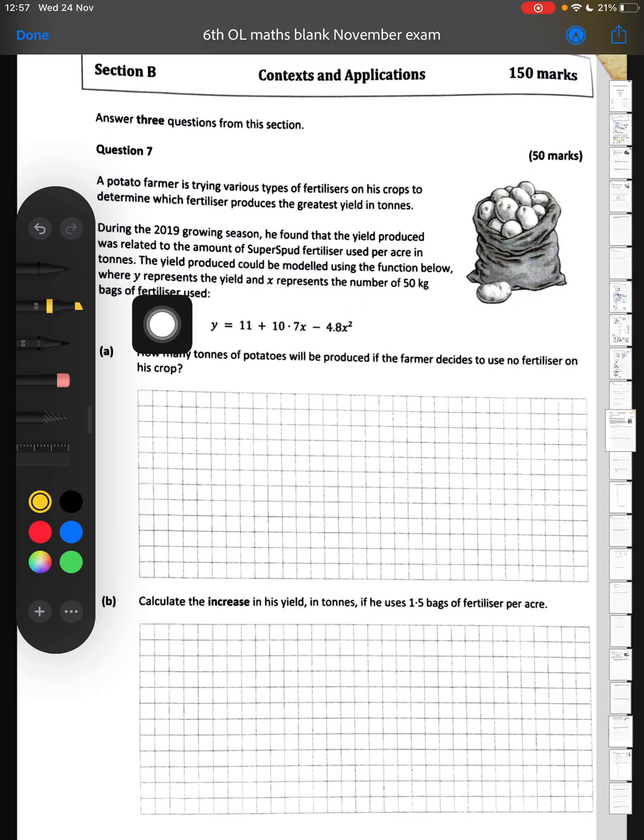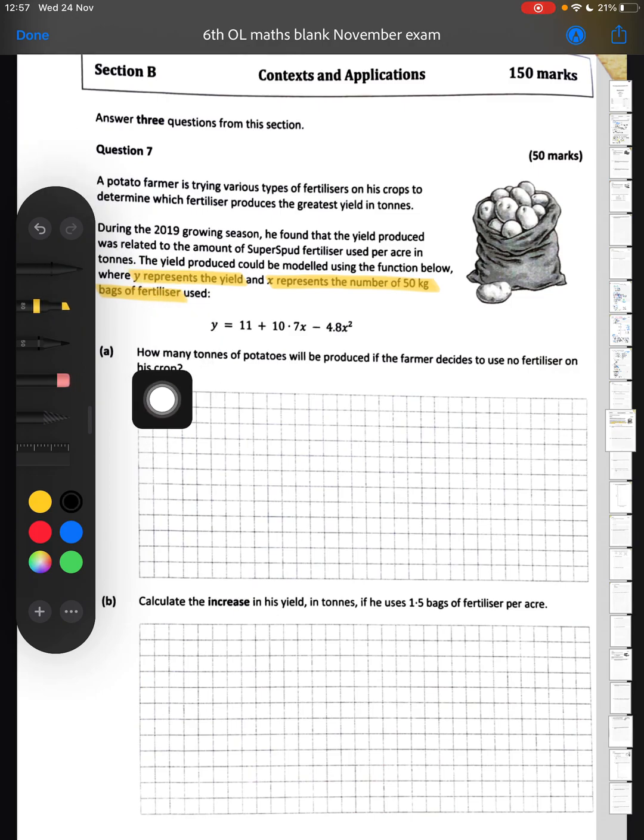The yield produced could be modelled using the function below, where y represents the yield, that's what I want to know, and x represents the number of 50 kilogram bags of fertilizer.